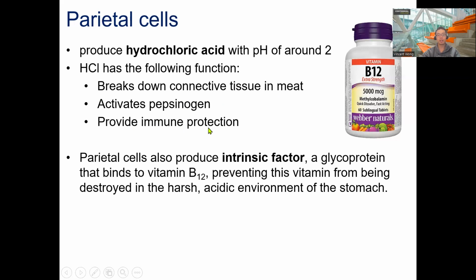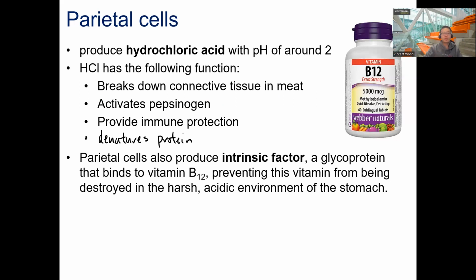Provides immune protection. And also, we should add it denatures protein. Okay, so you remember in lecture 3, we talked about chemical barriers, right? So HCl is an example of a chemical barrier.